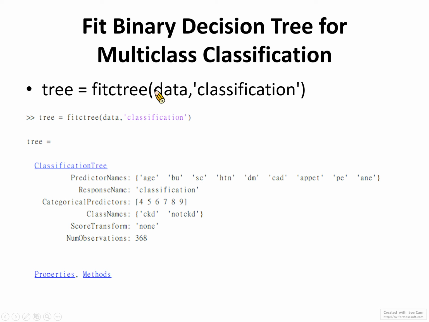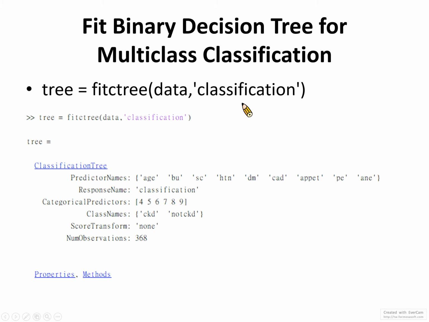So we just use a function called fitctree, the fit classification tree function, to train the decision model. Here we type tree equals fitctree, and the input parameters include the data table we just imported from the CSV file, and we also need to specify the response variable as the classification.